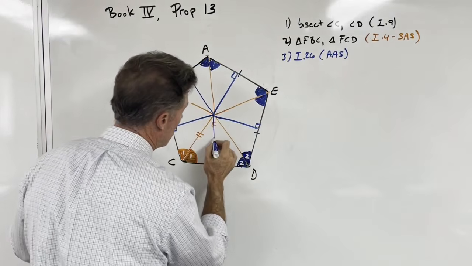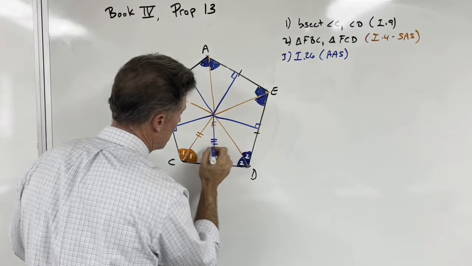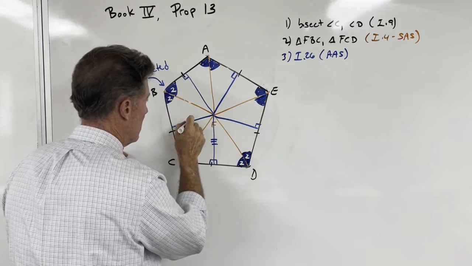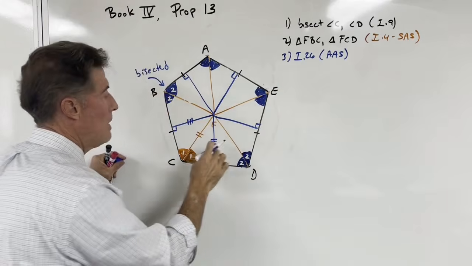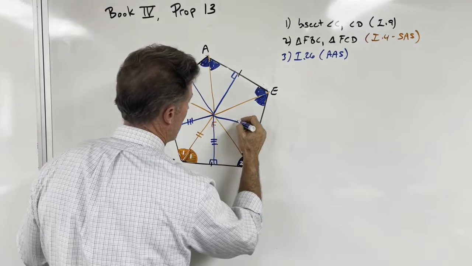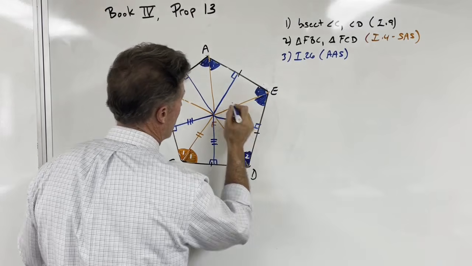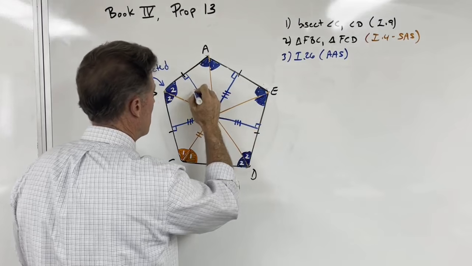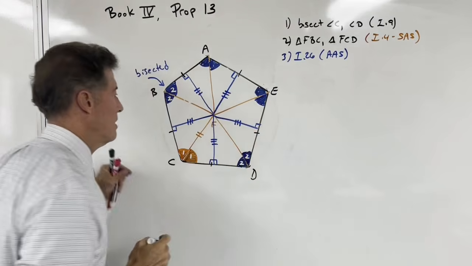More particularly, we can show that this perpendicular is equal to this perpendicular. And we can use the same thing all the way around. Just like we did this, we can do all the way around and show that all of these perpendiculars are equal.